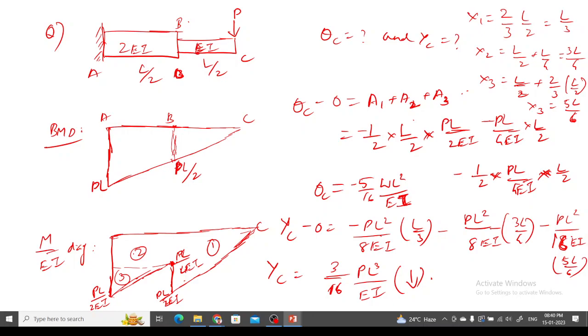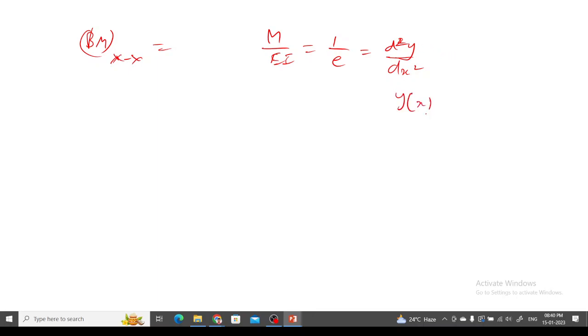See, the double integration method is something like this: you are finding the deflection equation. You write the bending moment equation at x for a beam. Then M by EI equals 1 by rho, which equals d square y by dx square. You need to find y of x, so you integrate this twice.